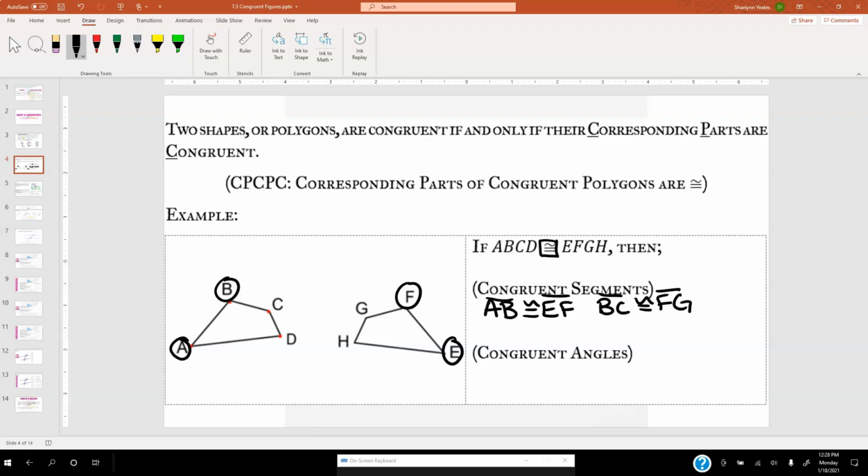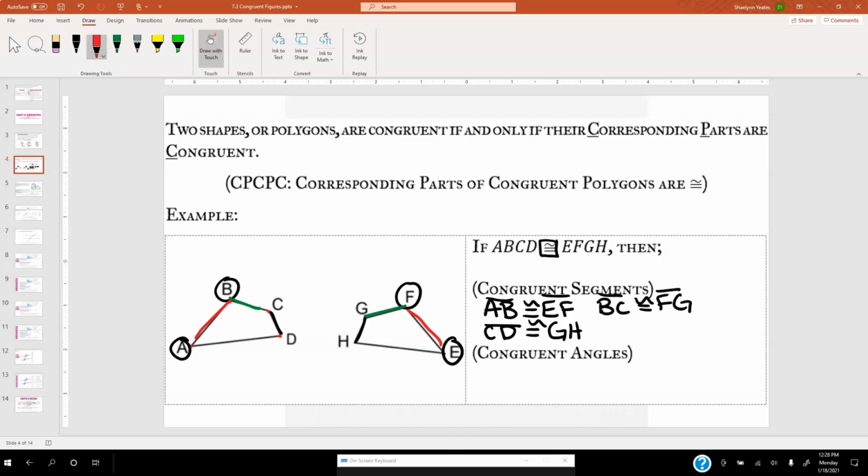Okay, and then there's two more. There's also CD is congruent to GH. So we've got these parts, to these parts.